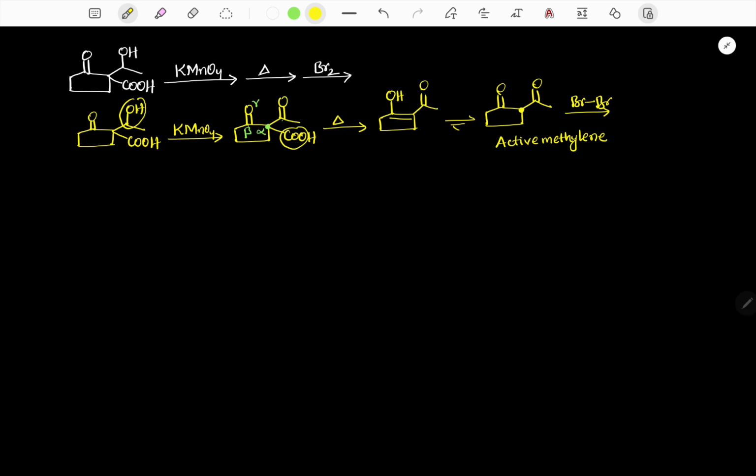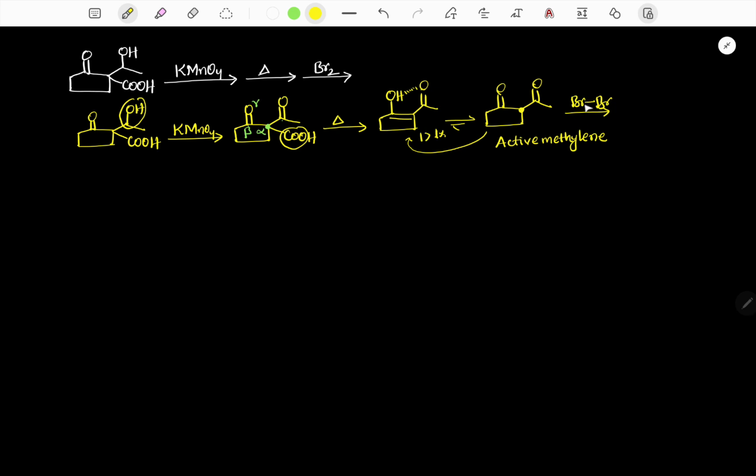So here we know that whenever we are adding electrophile, the active methylene has the corresponding enol form, and this enol form is more than 1%. Whenever the enol form is more than 1%, there is no need of Lewis acid. Directly we can add electrophile.